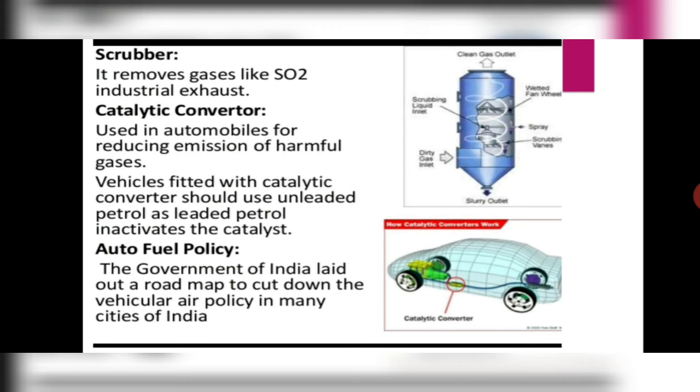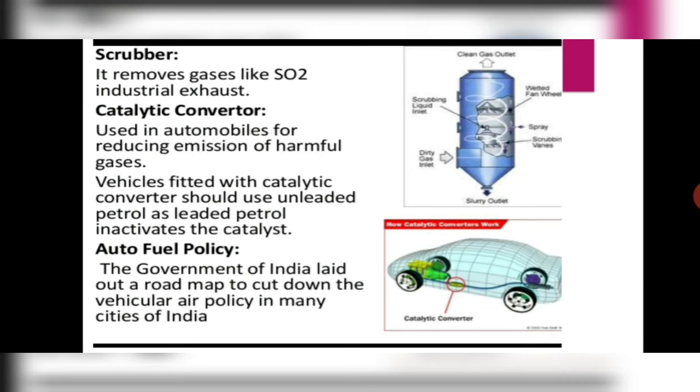And the unburnt hydrocarbons are burnt completely to convert them into carbon dioxide and water. So basically we are converting the harmful pollutants into non-toxic pollutants which can be easily removed from the environment. The motor vehicles fitted with catalytic converter must always use unleaded petrol, as the lead in petrol inactivates the catalyst.